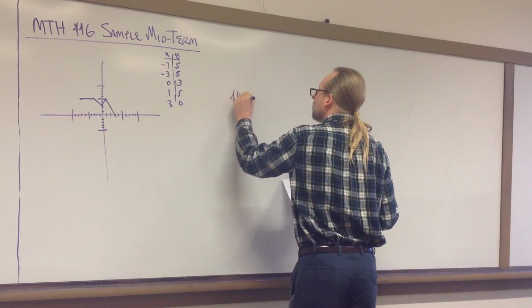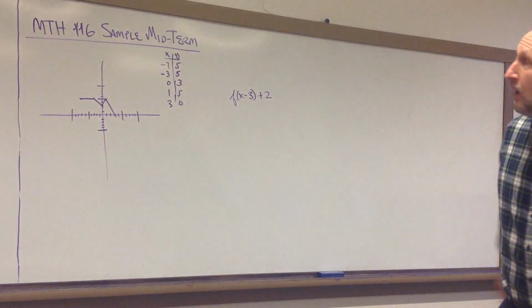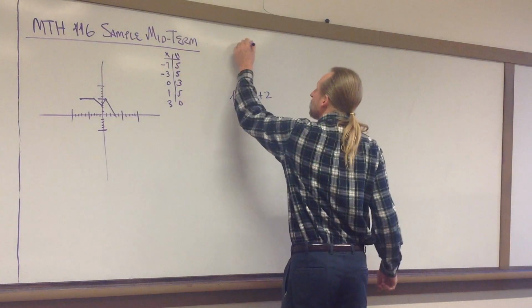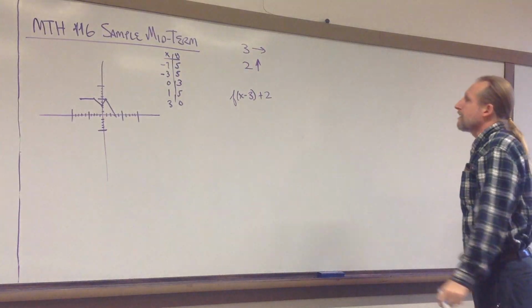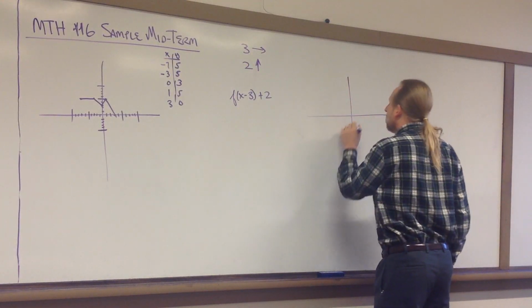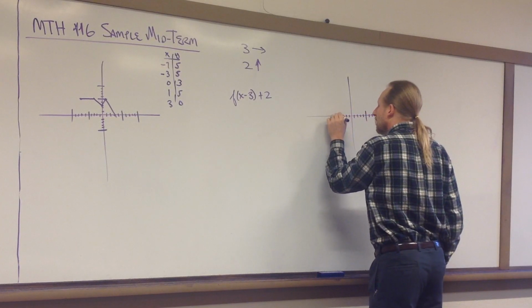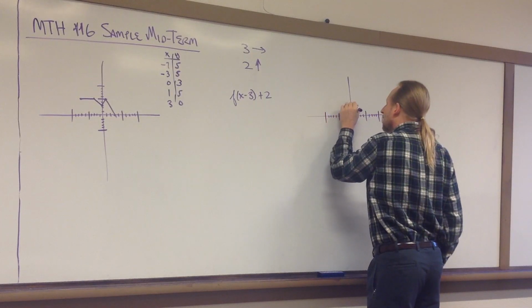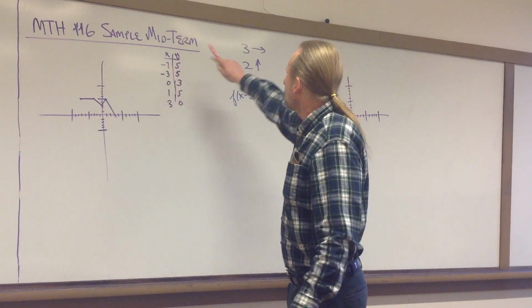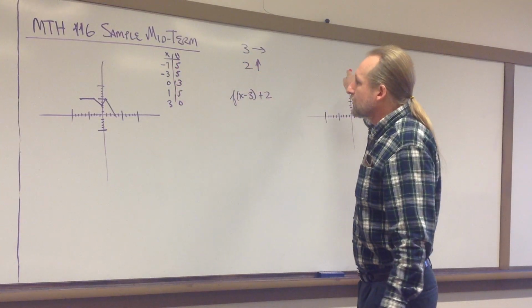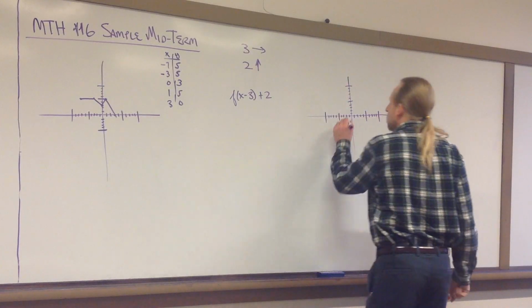And what do we want? We want to do f of x minus 3 plus 2. So that's going to shift it 3 places to the right and 2 places up. All right? So that first point, -7, 5, is going to go 3 places to the right and be at -4, and then 2 places up, 7.